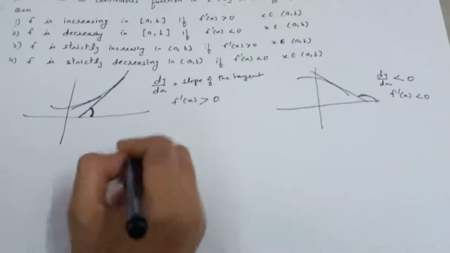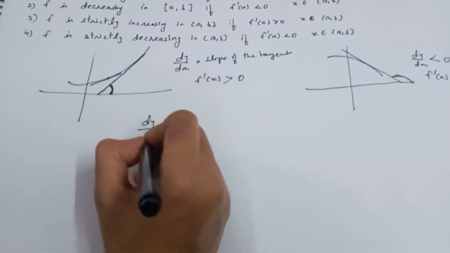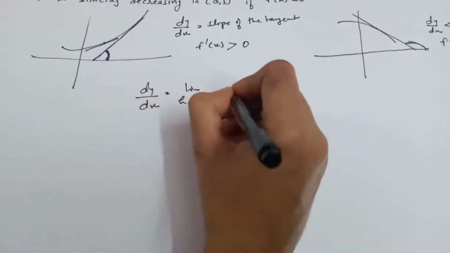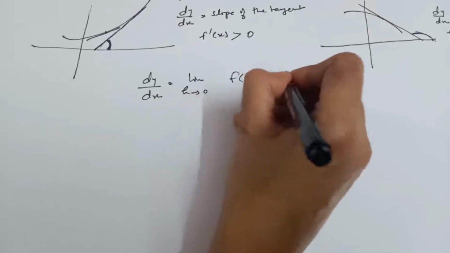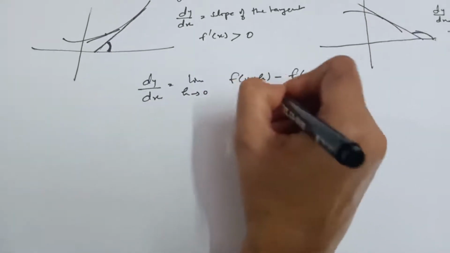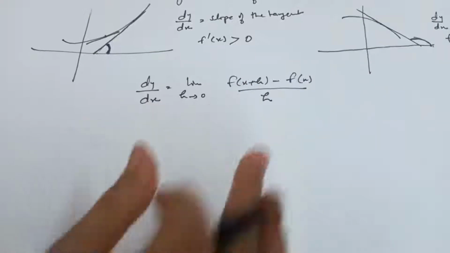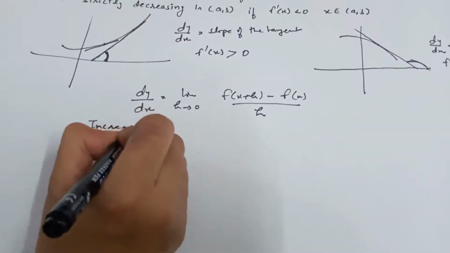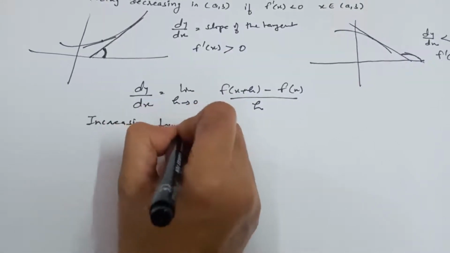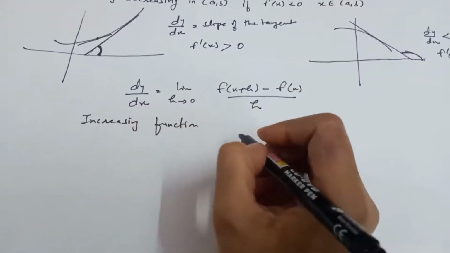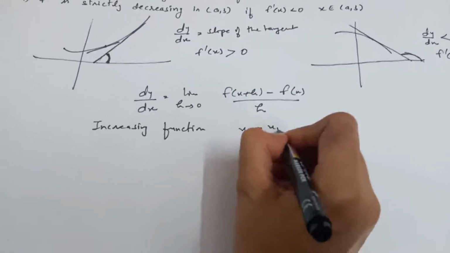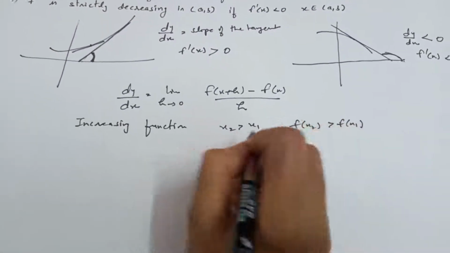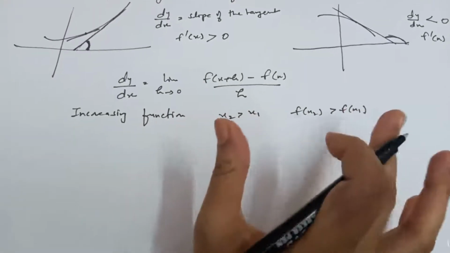Another reason is there, because you have learned in class 11 that dy by dx is the limit as h tends to 0 of [f(x+h) minus f(x)] by h. This is the first principle. For an increasing function, if x2 is greater than x1, then f(x2) is greater than f(x1), that is for increasing or strictly increasing.